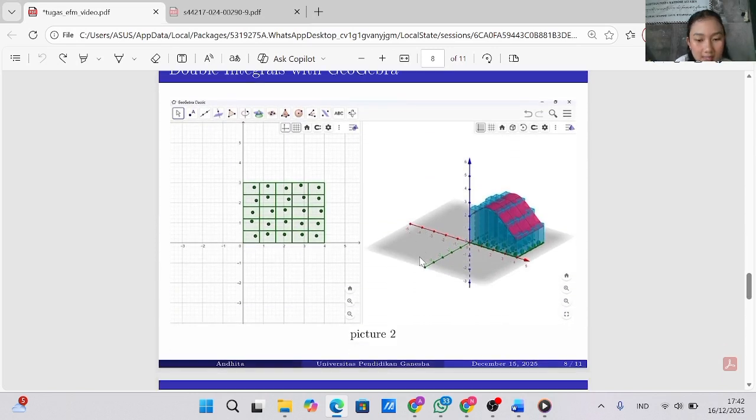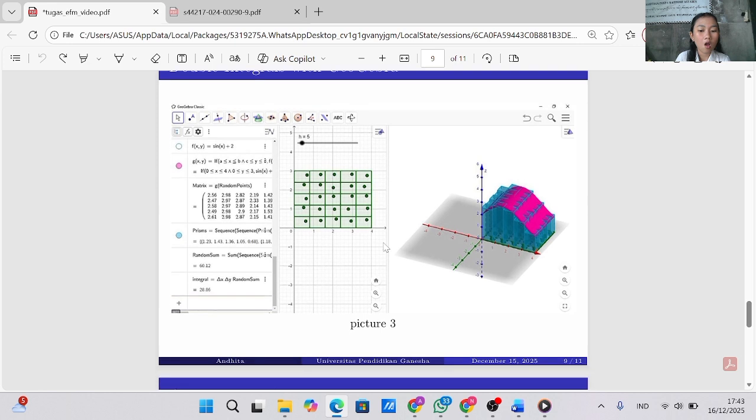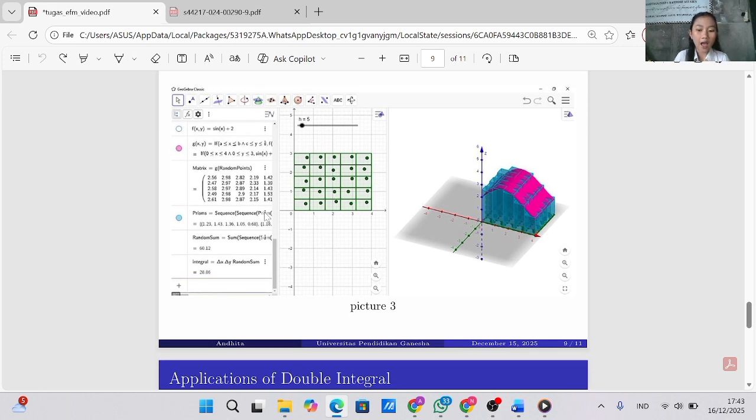The next, the region is rectangular, and GeoGebra divides it into many small prisms, representing the idea of Riemann sum. Next, when GeoGebra adds all these small volumes together, it gives an approximation of the double integral.